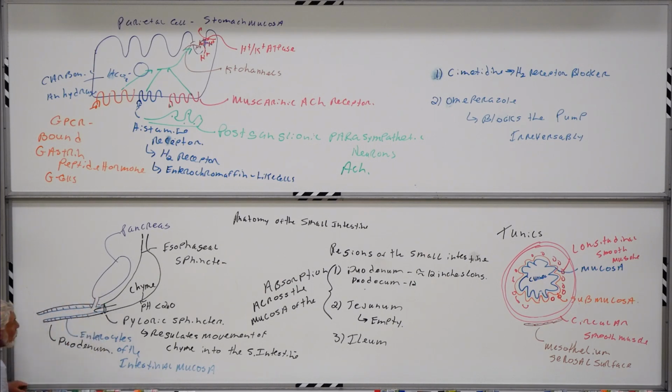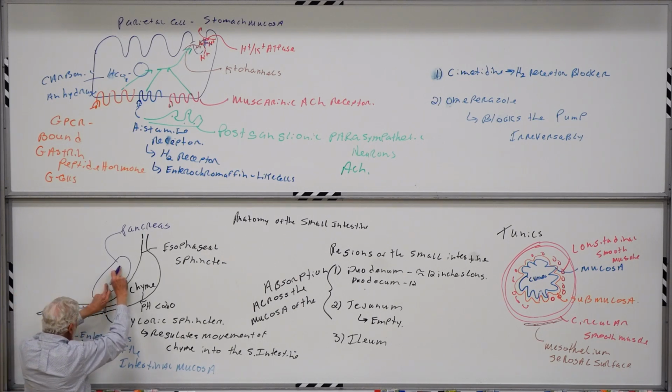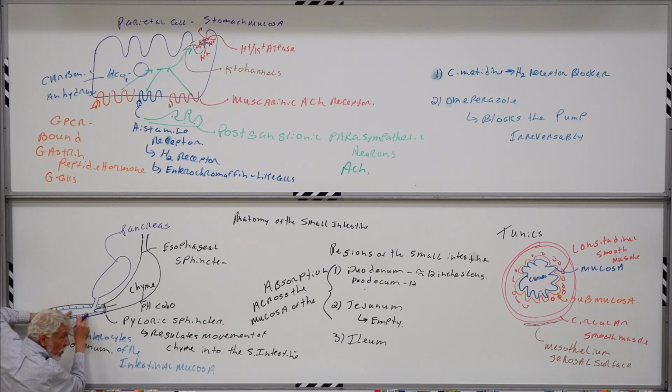Now, if you get down to the nuts and bolts of this, you're going to find that there's a tube that comes from the gallbladder, the common bile duct, and the pancreatic duct fuse to make a common bile duct that goes into the small intestine. Don't worry about that. All I want you to recognize is that we have a tube that connects the lumen of the pancreas with the lumen of the small intestine.